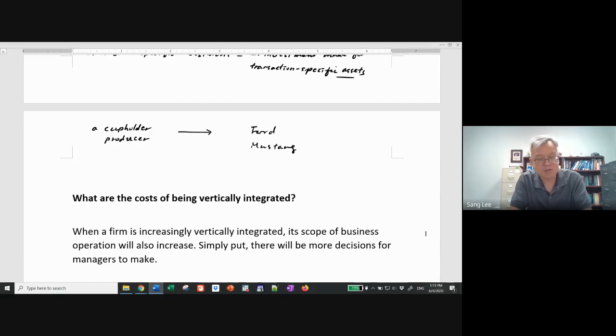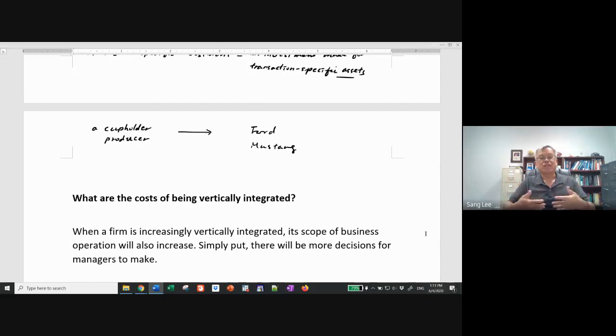So simply there is no such thing as a complete or perfect contract. So when market transactions occur between two independent business firms at arm's length, and specifically when a transaction specific investment is required by one of the two parties, there is a great potential for holdup problems.